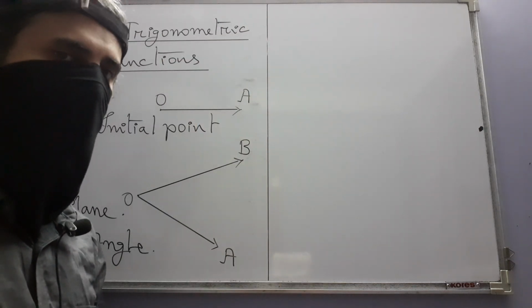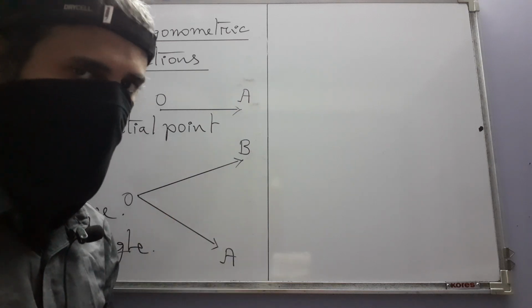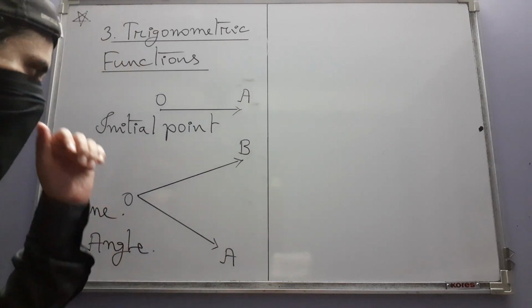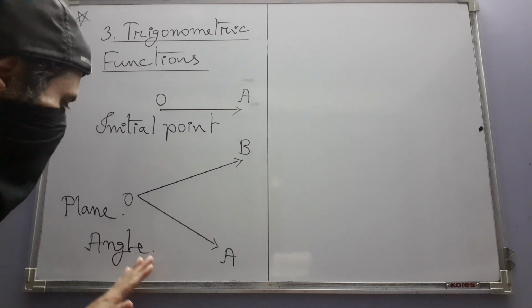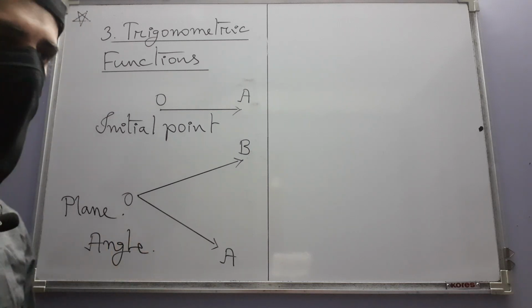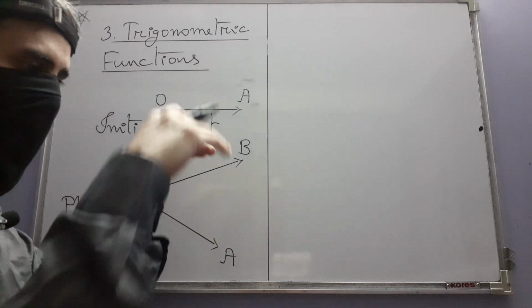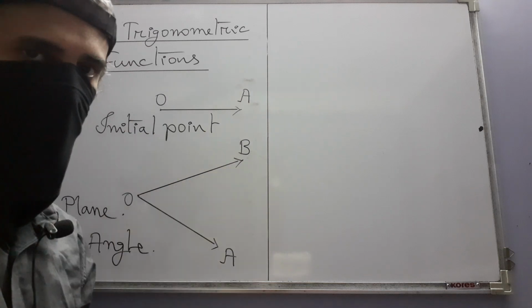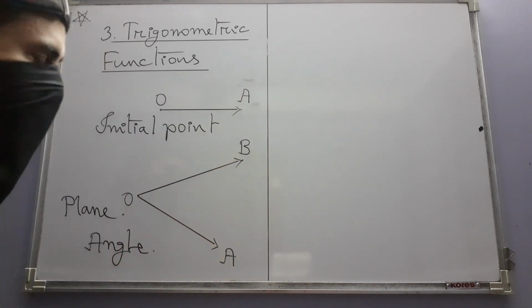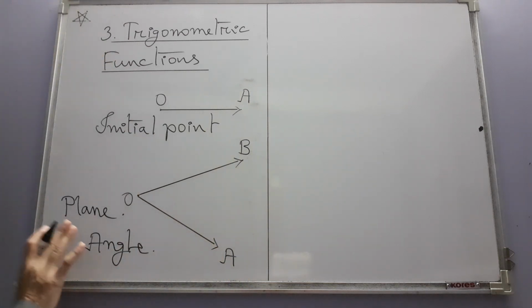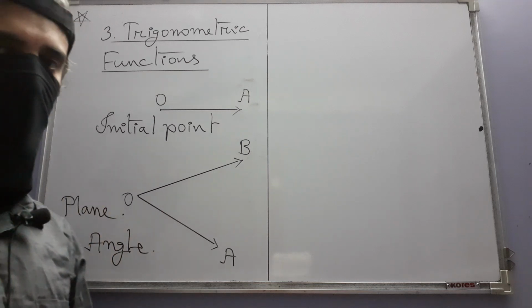They are called dihedral angles. We won't need them. There are other kinds of angles also. Two curves can also intersect like this. They also make an angle, but those are not needed for us. We are only going to need plane angles.